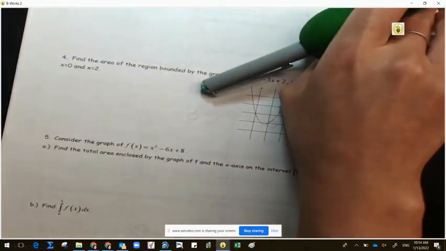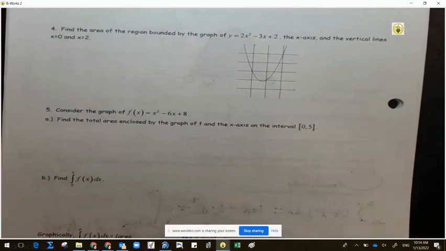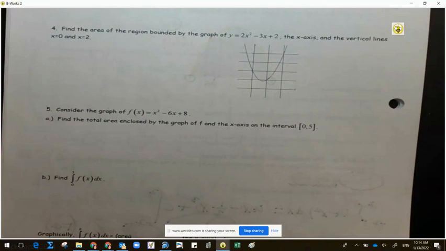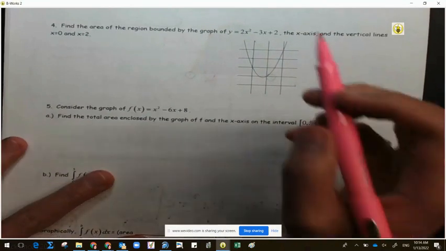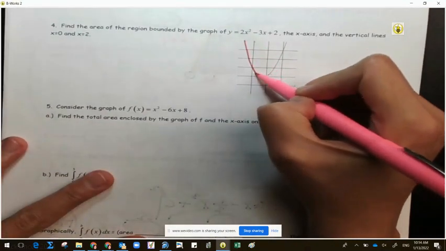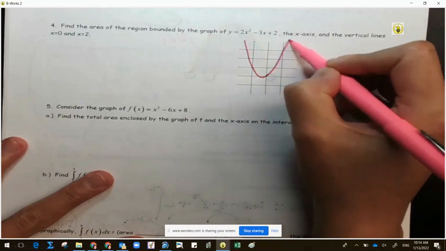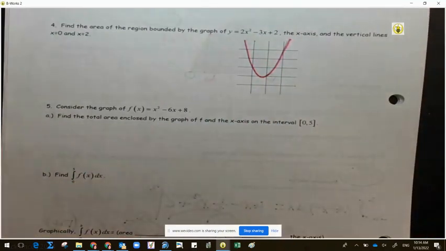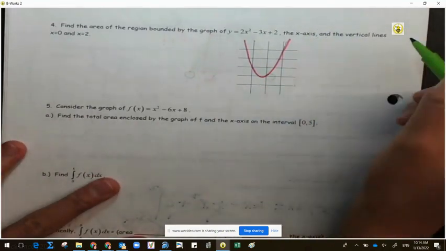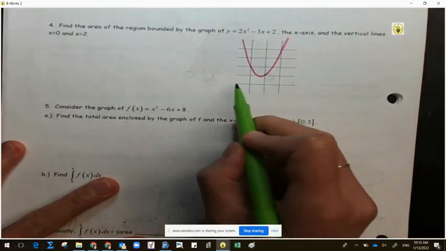On example number 4, before we actually integrate, let's first figure out what area it's bounding. So it says find the area bounded by this graph. All right, go ahead and highlight that piece. And also bounded by the x-axis and the vertical line. So my x-axis will be right here.